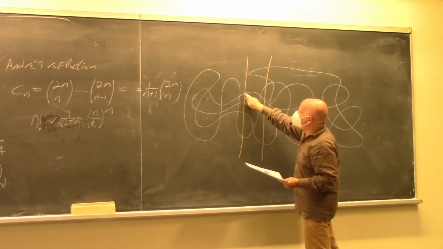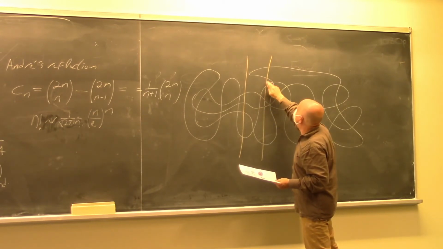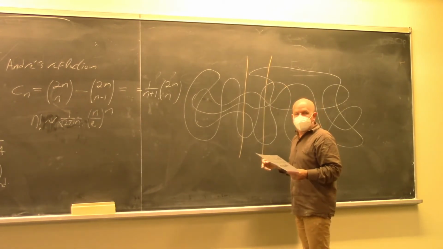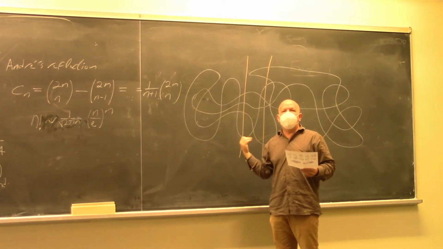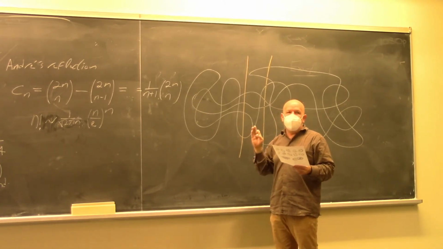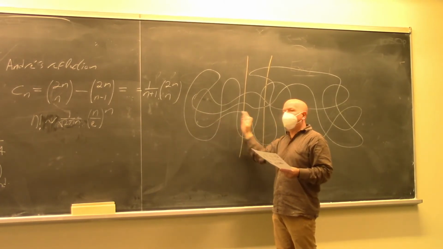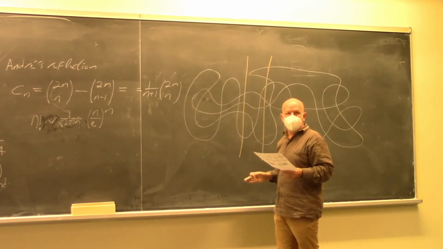So here it's 4, and here it's 1, 2, 3, 4, 5, 6. The width of a knot diagram is the maximal number of strands you cut with a vertical line.